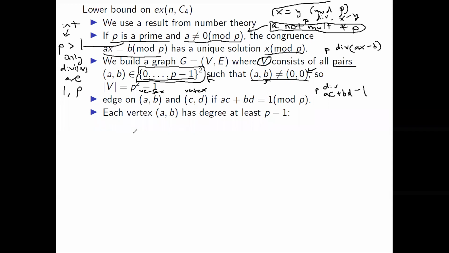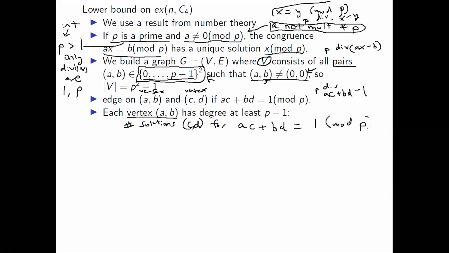I like to discuss this with two cases. So to find the degree of the vertex AB, we want to find the number of solutions CD for AC plus BD equals 1 mod P. Why is that related to the degree?